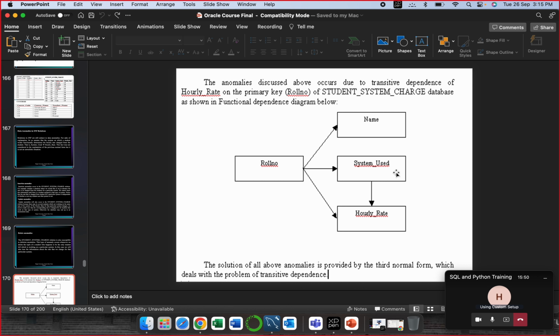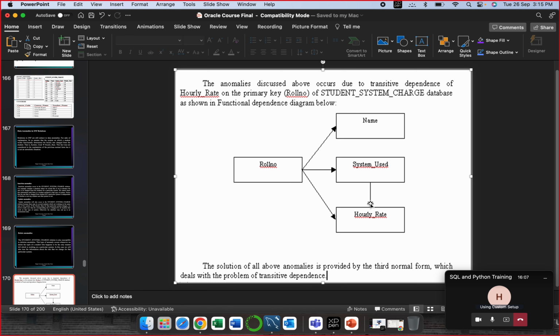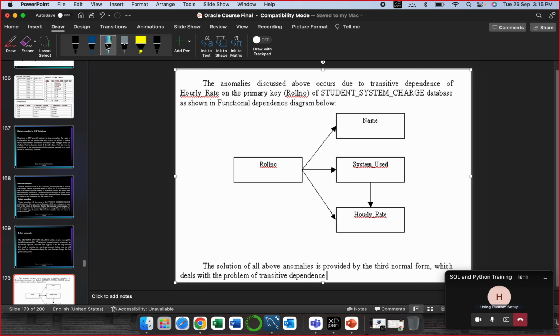When the attributes in a particular table identify other attributes besides the primary key, that is called transitive dependence. This part over here, where system used and hourly rate, these are transitively dependent on each other.